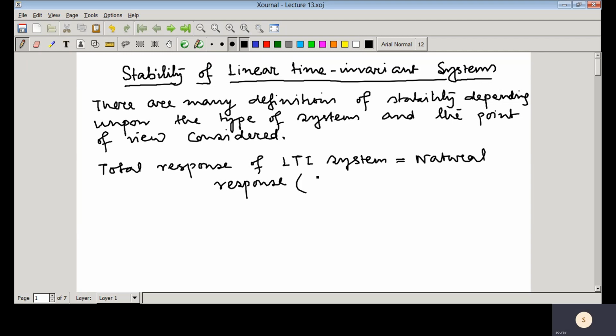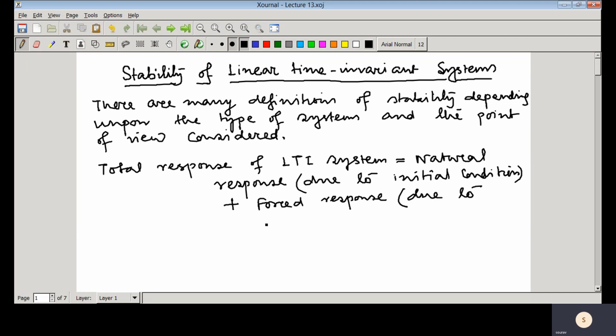So basically this is due to initial condition, and the other one is the forced response. Forced response means the response of that system due to the forcing function.